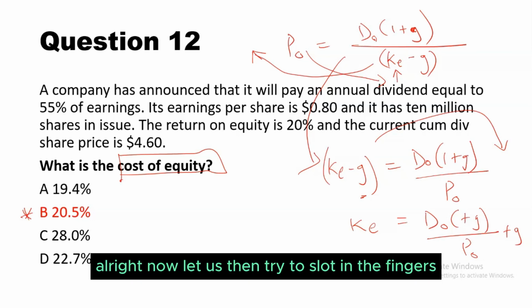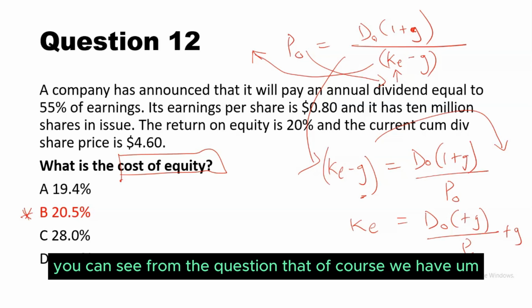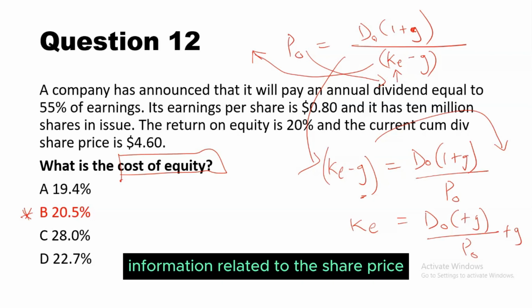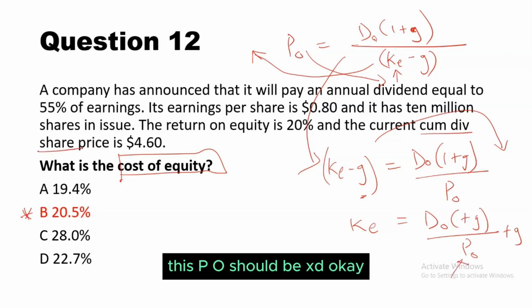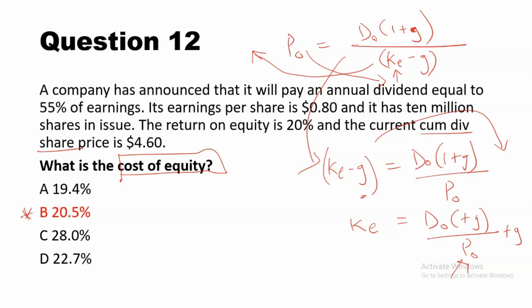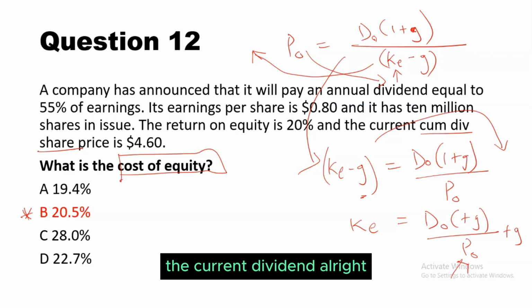All right. Now, let us try to slot in the figures. You can see from the question that we have information related to the share price, but the share price is cum div. The P0 here should be ex div, which means we need to deduct the current dividend.